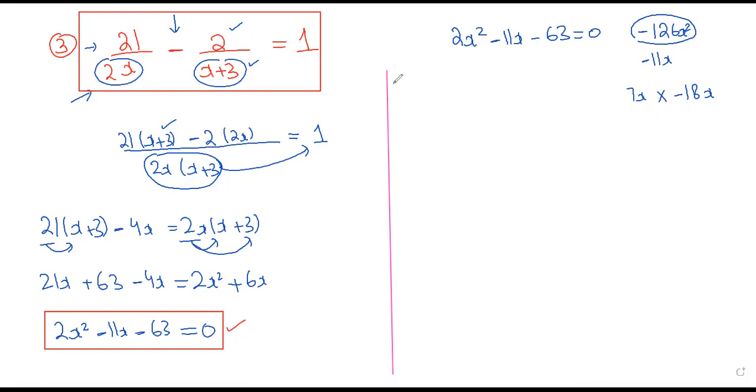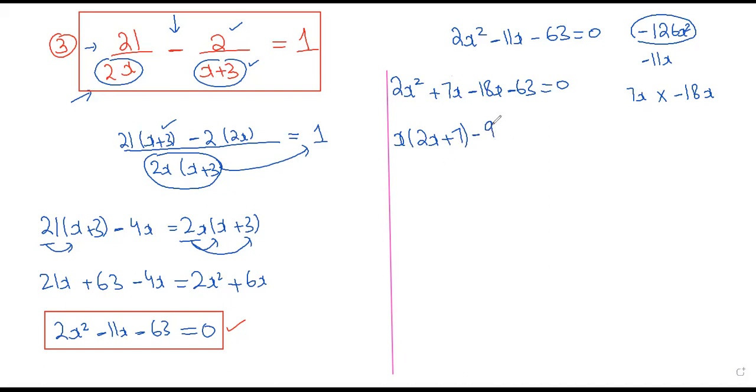So I can write it as 2x squared plus 7x minus 18x minus 63 equals 0. I can take x common and it would give me 2x plus 7 here. Then we can take minus 9 common because 9 is coming in both of them.